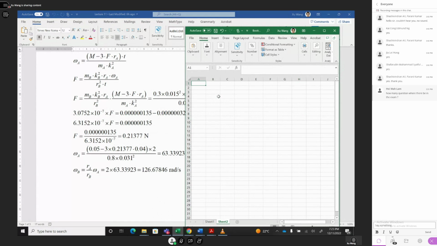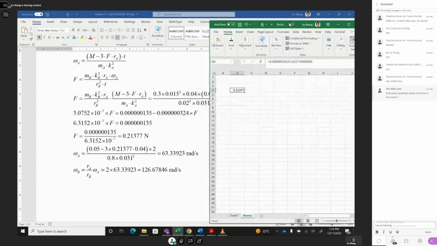So we can get another one, the mass, equal to 1, 2, 3, 1, 2, 3, 1, 3, 5 divided by 6.3152. Okay, and multiply 7 equal to 0.21377.